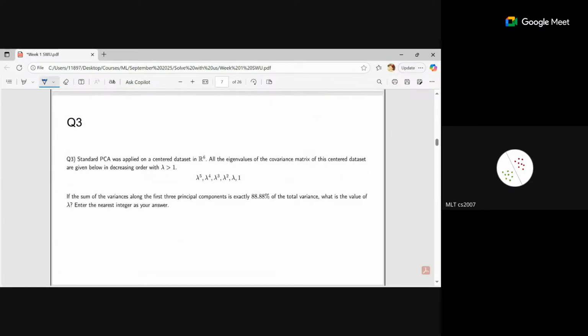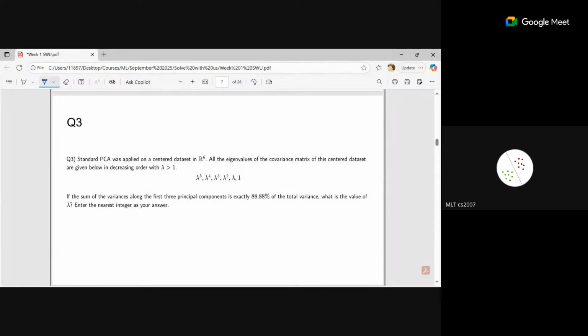Let's see this question. You are given a centered data set in R6 and the standard PCA is applied on it. All the eigenvalues of the covariance matrix for this centered data set are given here, in decreasing order, where lambda is greater than 1. So you have lambda 5, lambda 4, lambda 3, lambda 2, lambda 1.